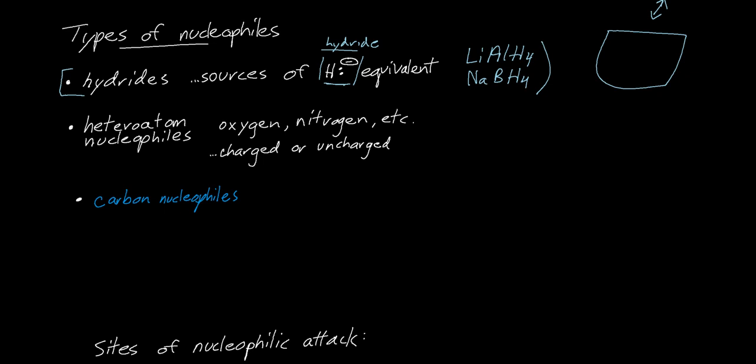It's very common to see a hydride added to a carbonyl group, for example, as a nucleophile. We've seen plenty of examples of oxygen and nitrogen and other heteroatom nucleophiles. So clearly OH- is an oxygen nucleophile that can attack.